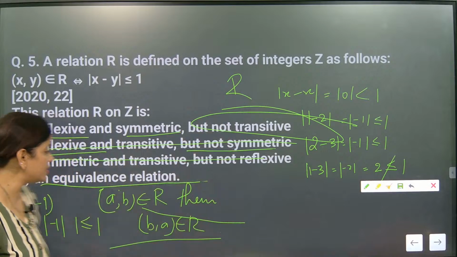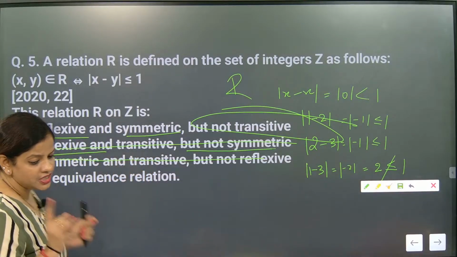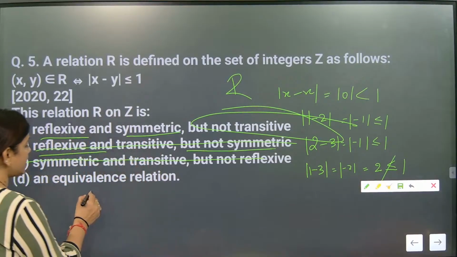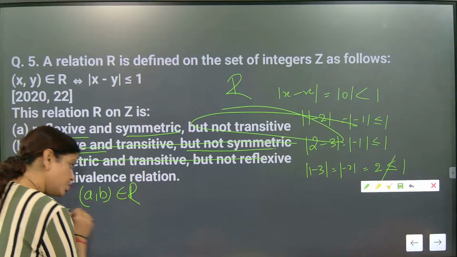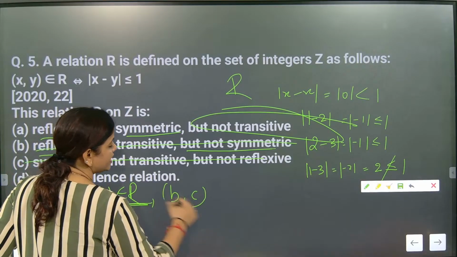A minus B, what is the situation? What does transitivity say? At the time of teaching transitivity, I was very clear about the concept: this should belong to R, it should satisfy. This also should satisfy.